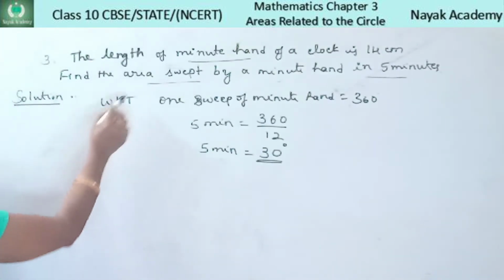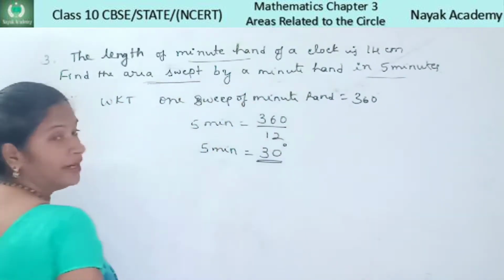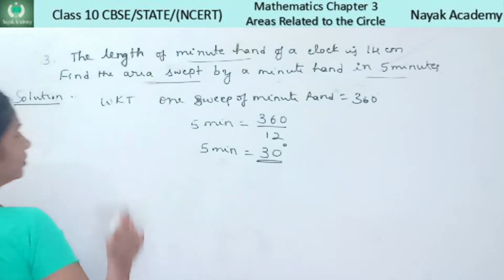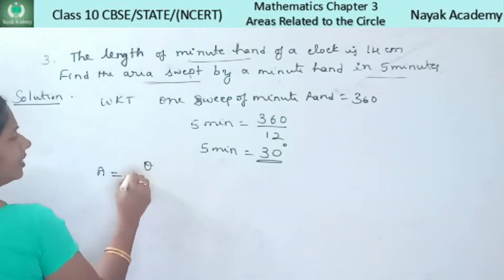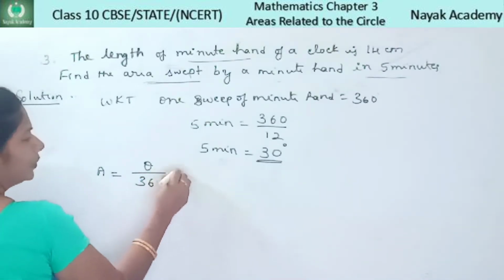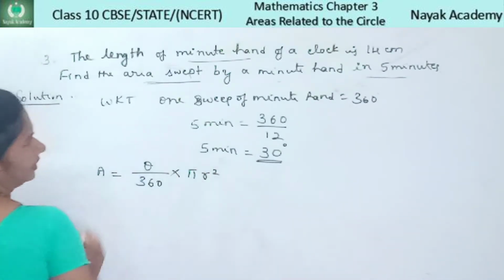Now we have to find the area swept by the minute hand in 5 minutes. So what is the area of the sector, children? Area of the sector is theta by 360 degree into pi r square.